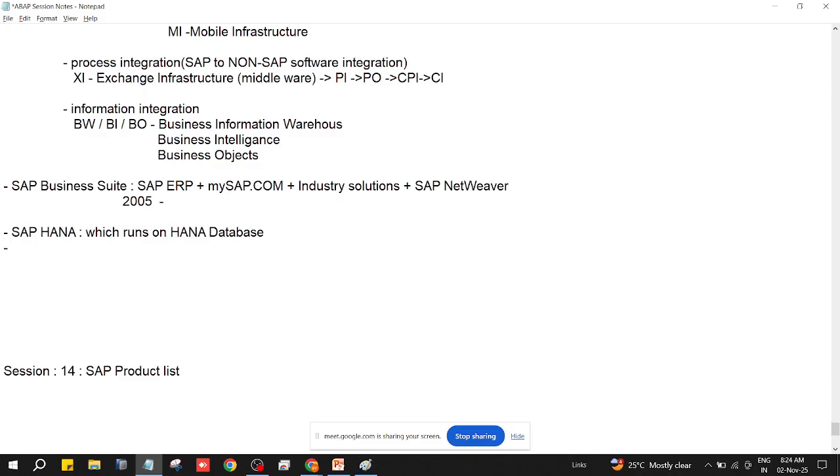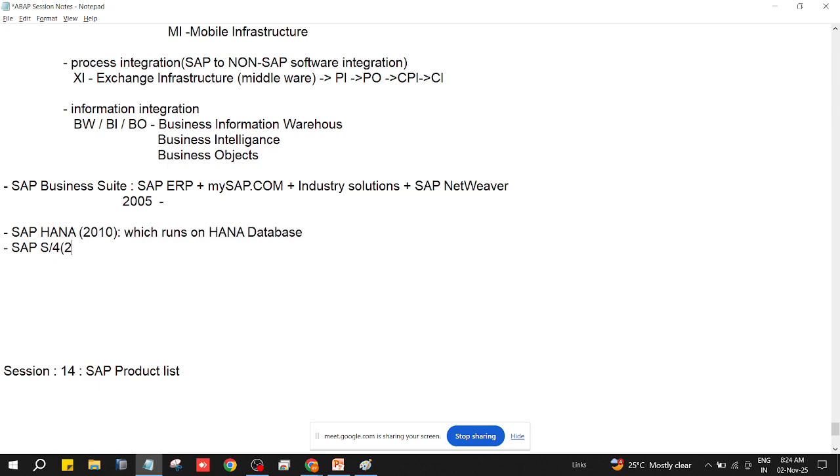It is more powerful, faster. The entire SAP architecture dimension changed after introducing HANA. And the next product was the SAP extension. HANA was launched in early 2010 or 11.